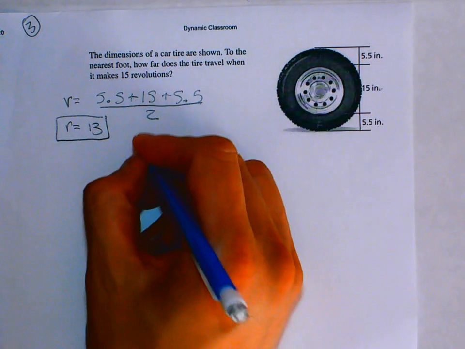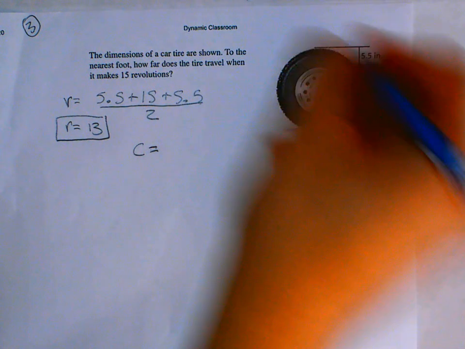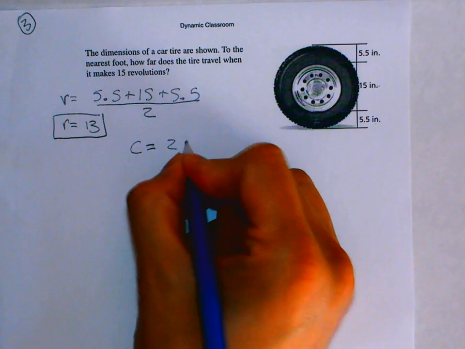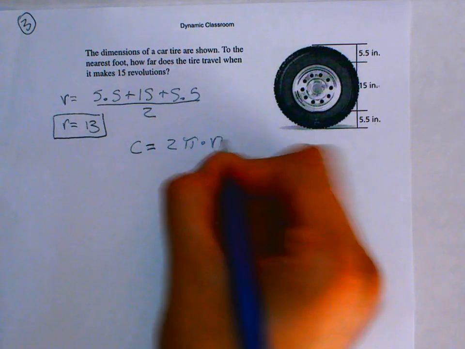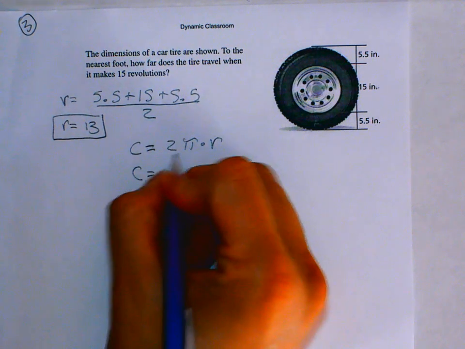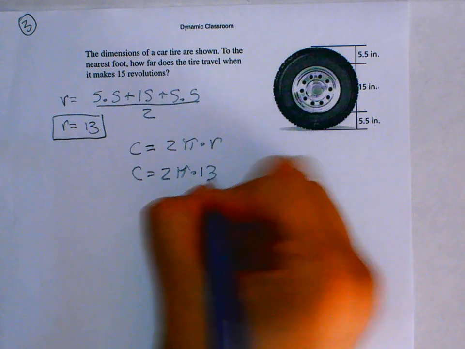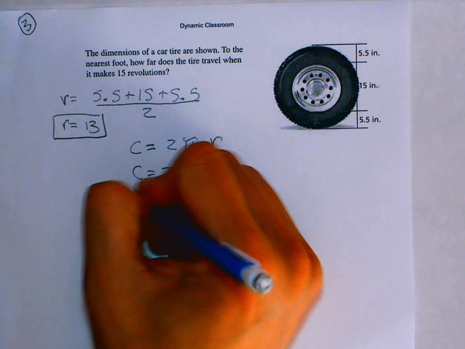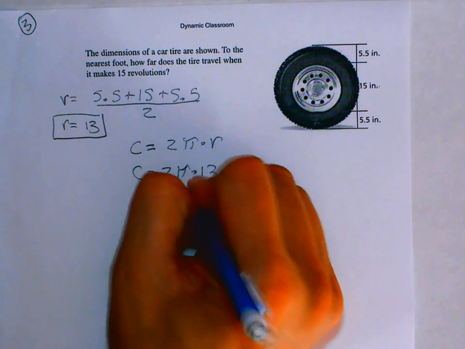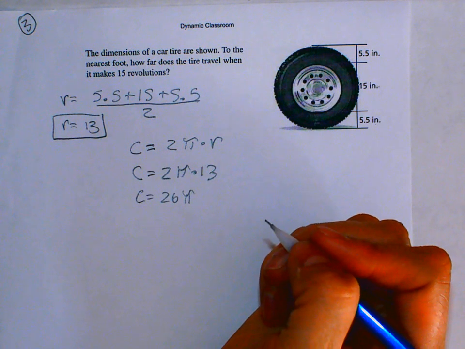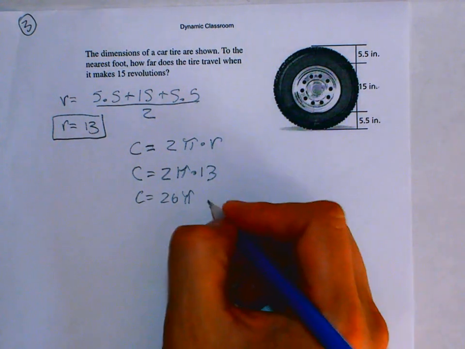Now the circumference of this whole tire is going to be 2 pi times the radius. So that's going to be 2 pi times the radius of 13, which simplifies to 26 pi. Now, that would be the circumference.